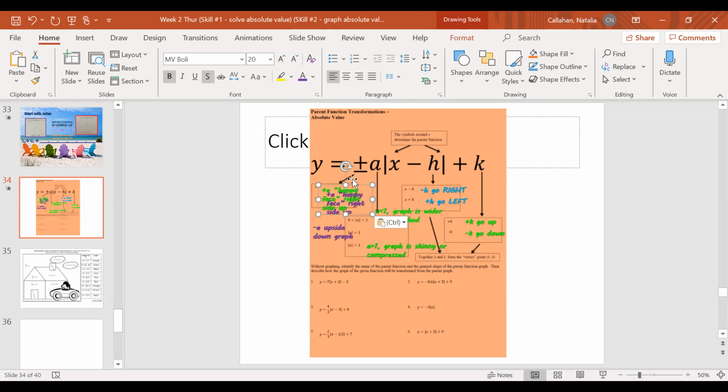And then lastly, if A is equal to 1, then what that means is that the graph is normally shaped. So it's not stretched or compressed. Let's change this color. There we go.